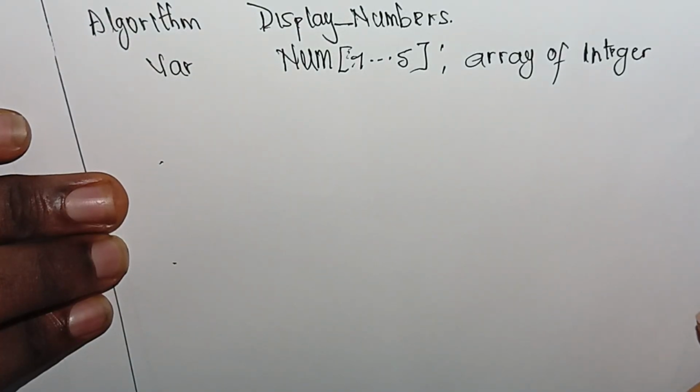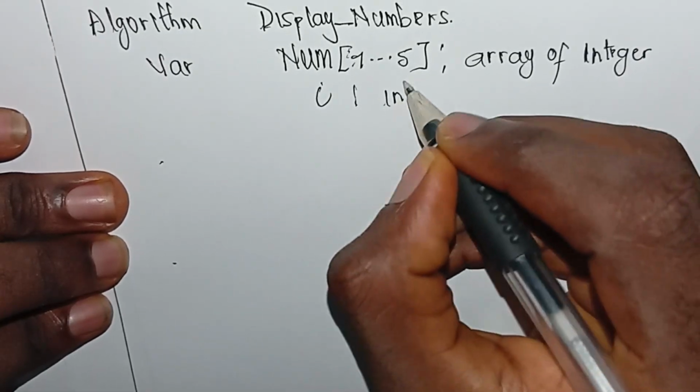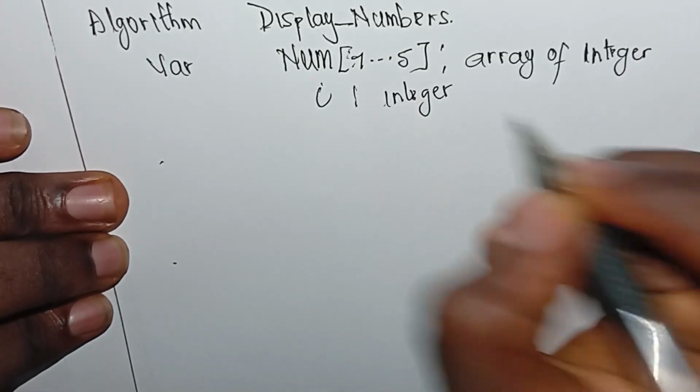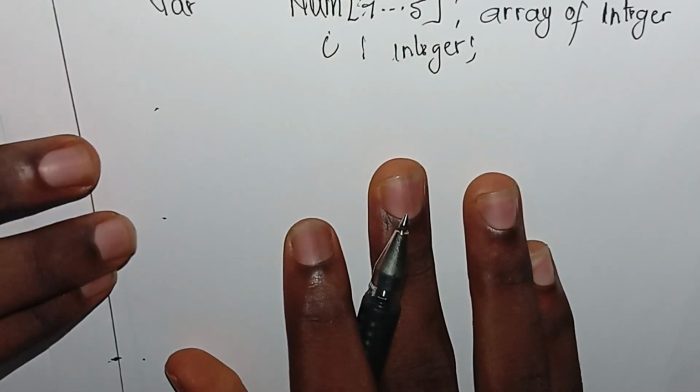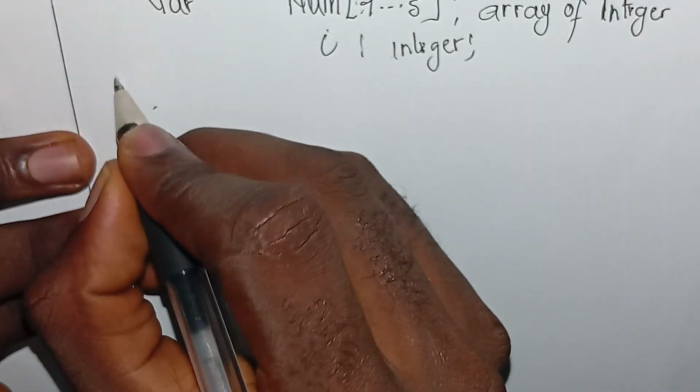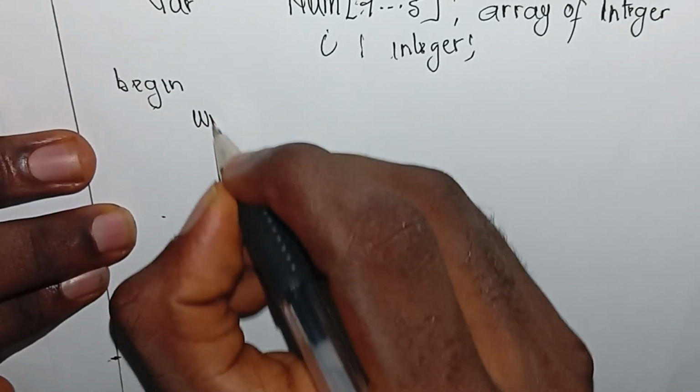The next variable we are going to need is an index, for example I, in order to control our loop. That is another integer. Now we want to begin our program. So let's write begin below.